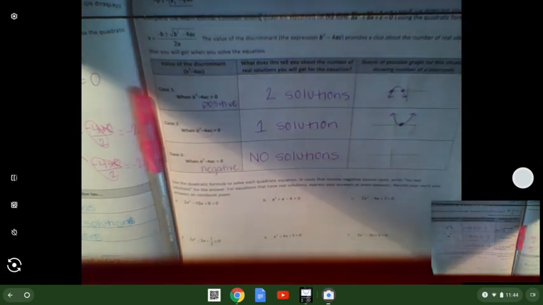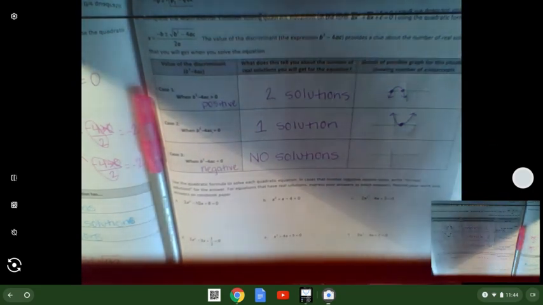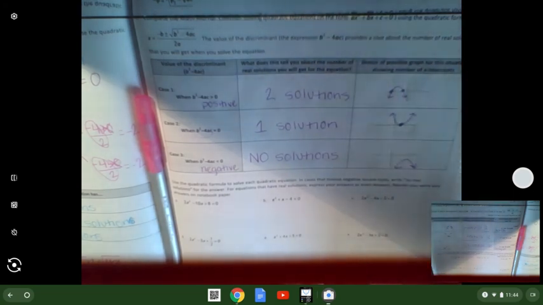I'll draw a non-example too. I am going to draw a graph like this that will never touch the x-axis. So I'm going to draw one more graph on here, and you guys tell me what you think.